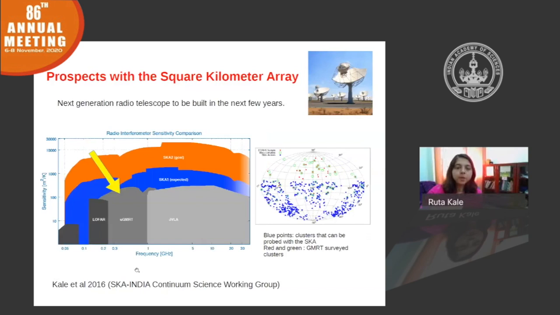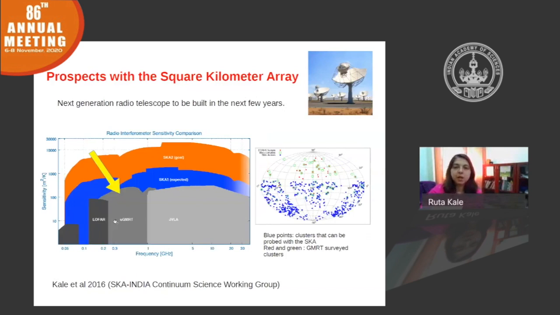In perspective, the large radio telescope called the Square Kilometer Array is being built by an international consortium of which India is a full member. This shows the current state of sensitivity of the upgraded GMRT as compared to the SKA.